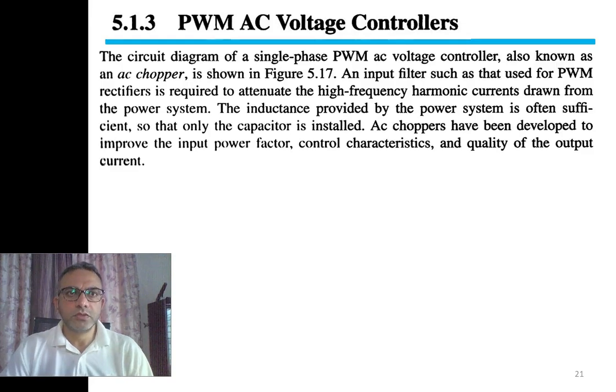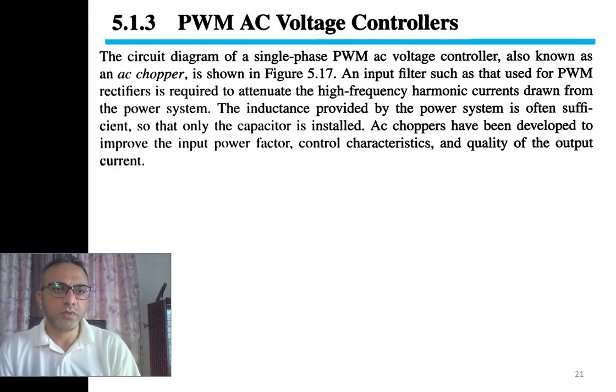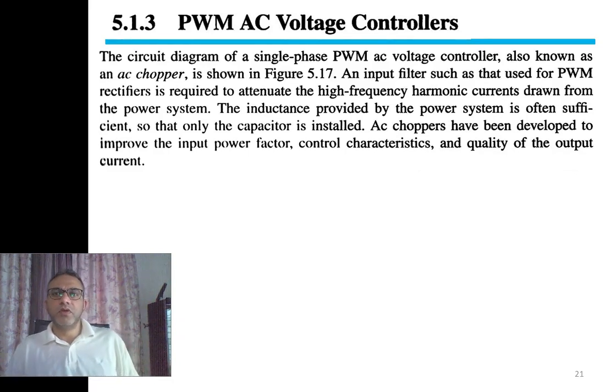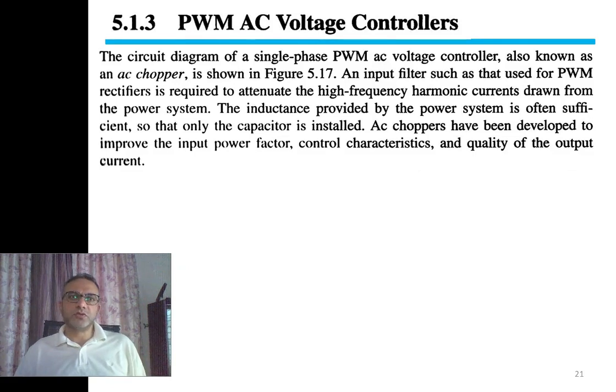The article number is 5.1.3, PWM AC voltage controllers. The circuit diagram of a single phase PWM AC voltage controller is shown in figure 5.17. The PWM AC voltage controller is also called an AC chopper.